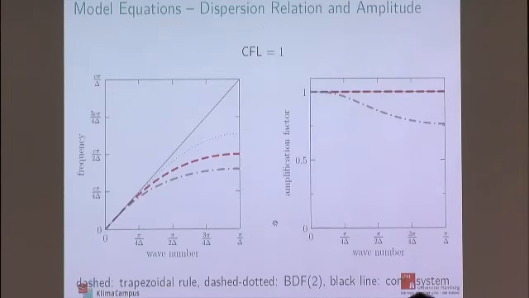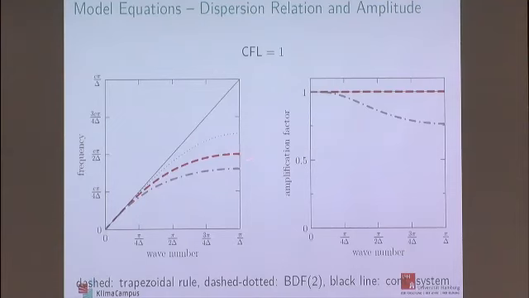Okay. This can also be seen from the discrete dispersion relation of the schemes. Here we have the frequency wave number relationship, and the black line is the dispersion relation for the exact equations, and the red line is for the trapezoidal rule and the BDF2 scheme, and also we have the amplification factor.